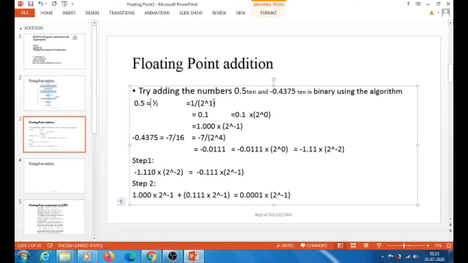So here it is 2 power 1, so only one digit lies to the right of the decimal point. So it is 0.1, which is equal to 0.1 into 2 power 0, which is equal to 1.000 into 2 raised to minus 1, because we need to convert this into normalized form. What is normalized? The number 1 should lie on the left side of the decimal point.